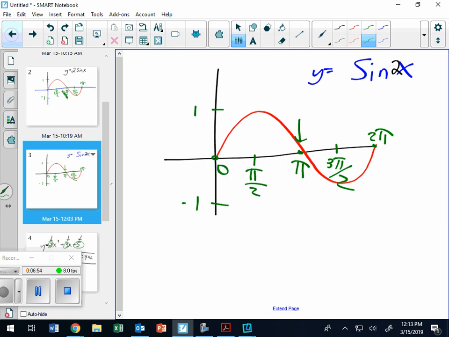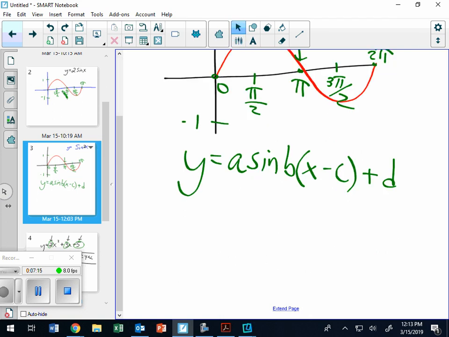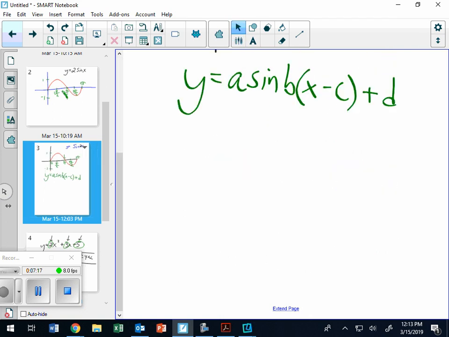Now, what about now? Well, now we have y equals a sine of b parentheses x minus c plus d. It's got a, b, c, and d. I'll move this up. I know it's easier for people in the back to see if it's up there.